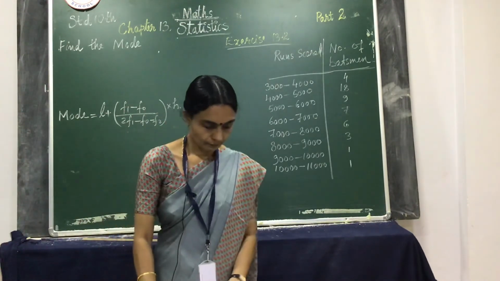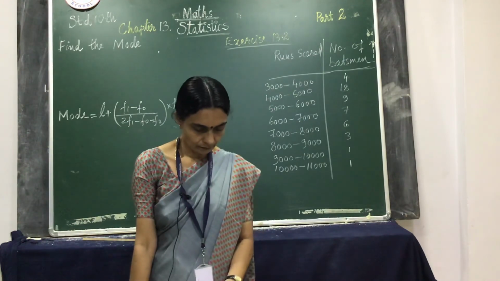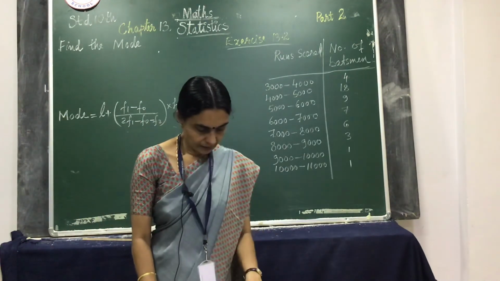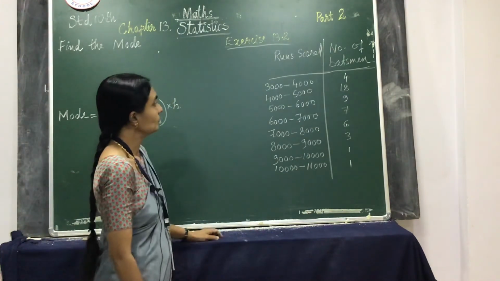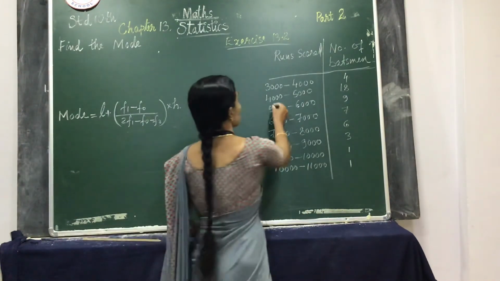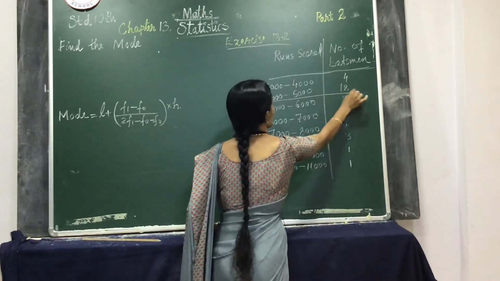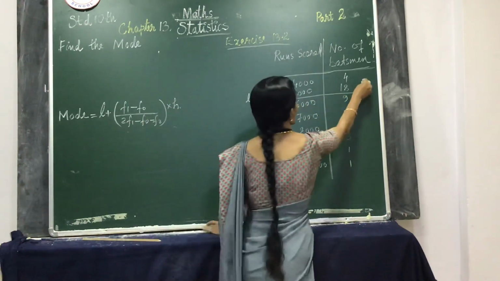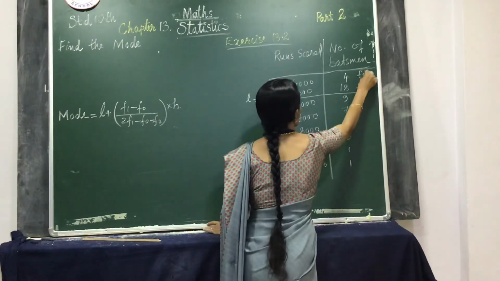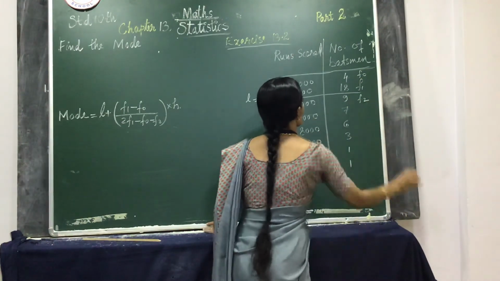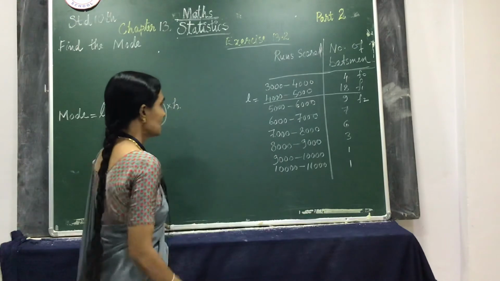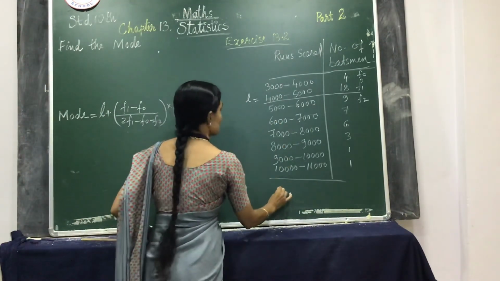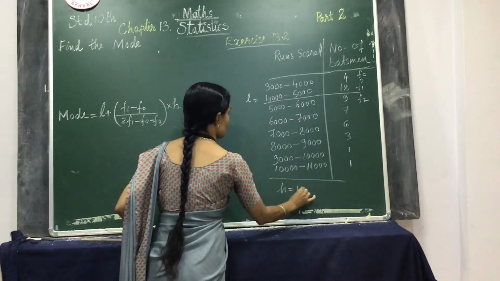For this we need the highest frequency 18 and L. For this one, f1 and f0, f2. Now h is equal to 1000, that is 4000 minus 3000 is 1000.